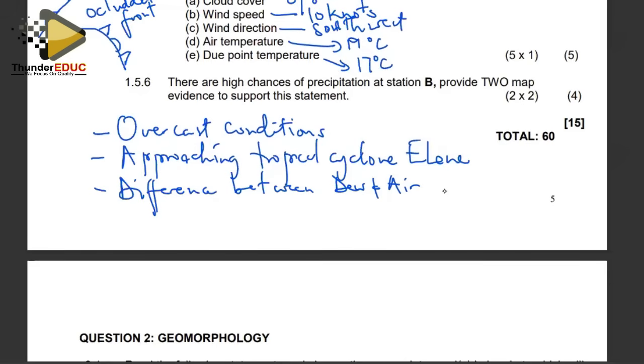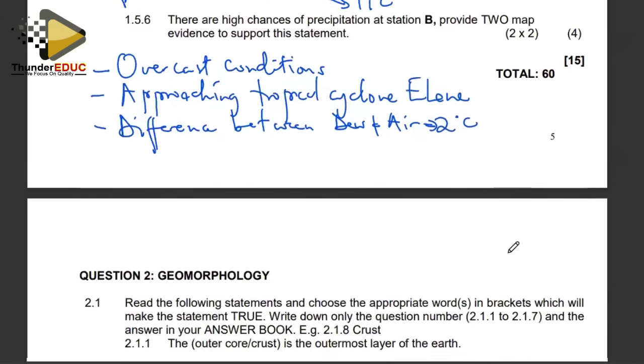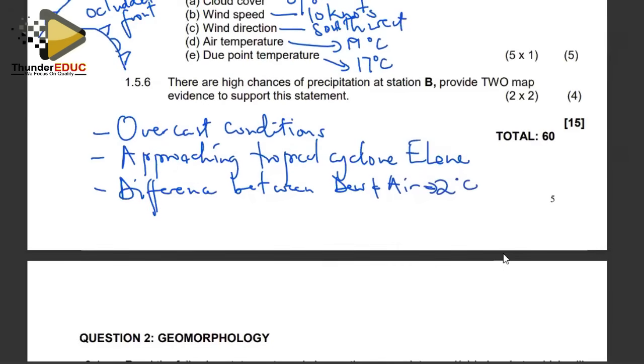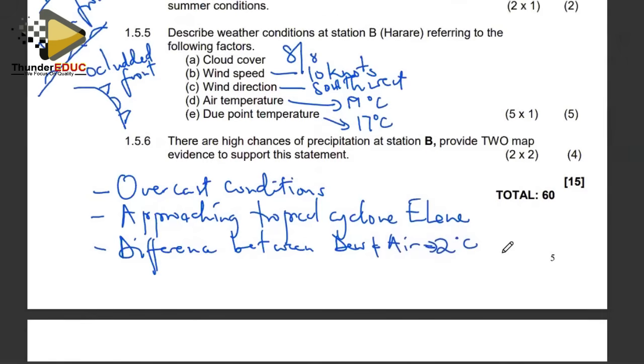In this instance, there is only a difference of 2 degrees Celsius. So it's also evidence that it will rain very soon. If there's a wide range between the two, it means the air is dry and there are no chances of rainfall.